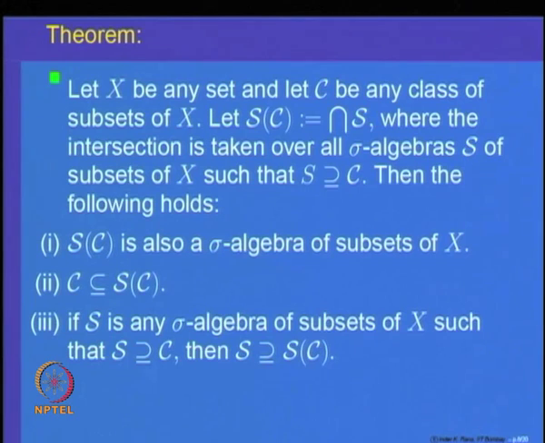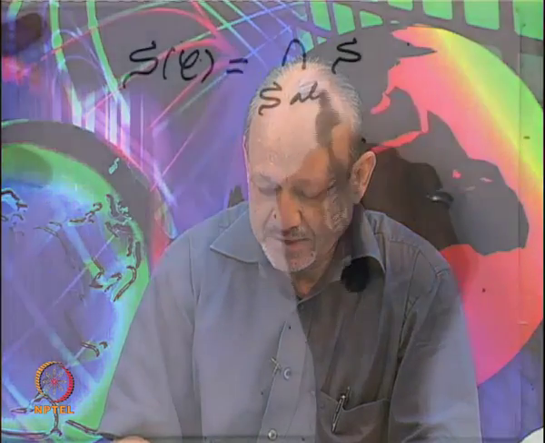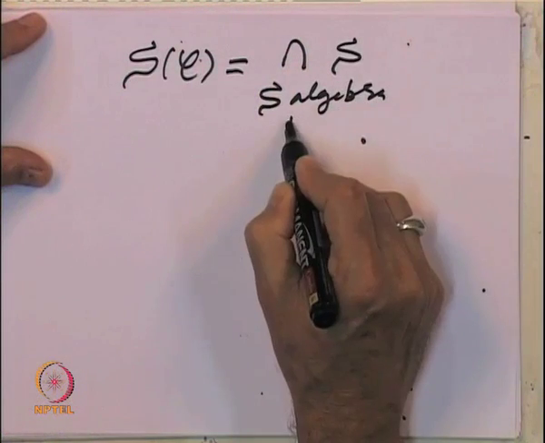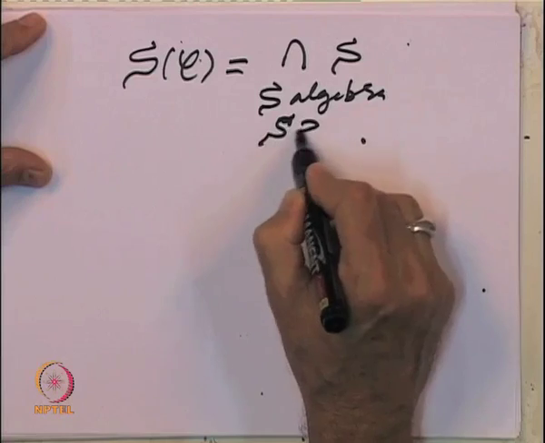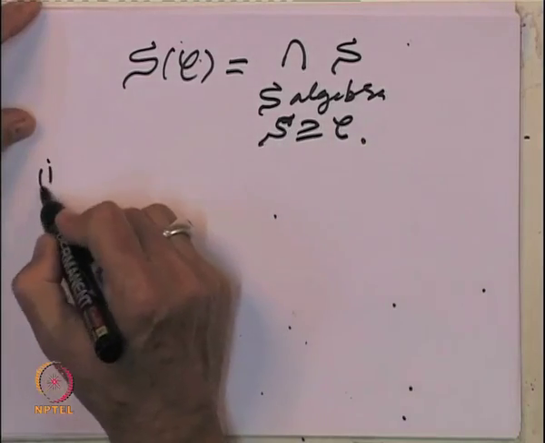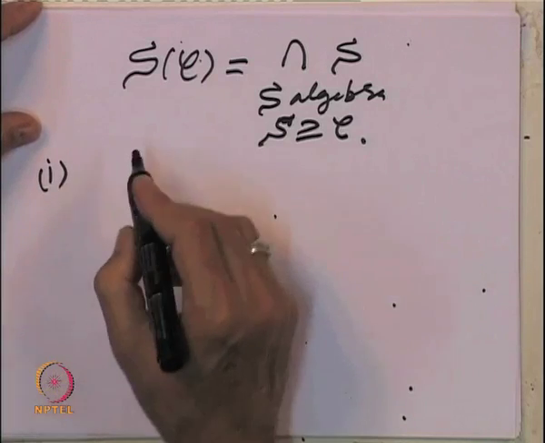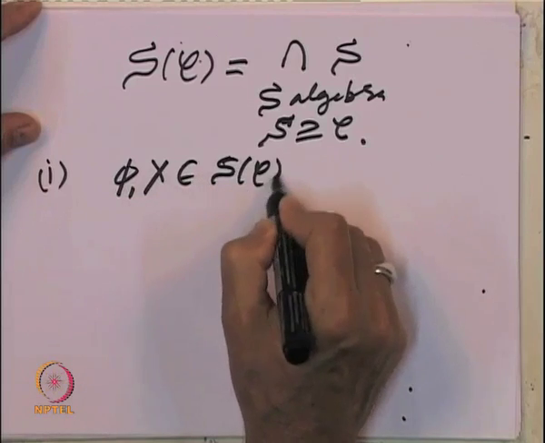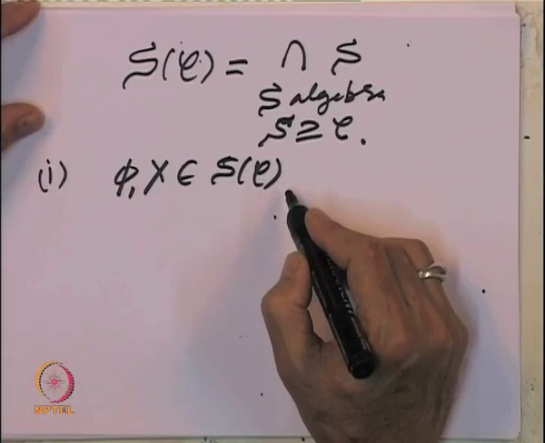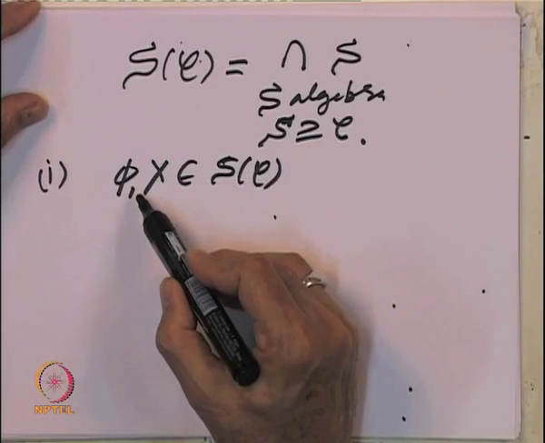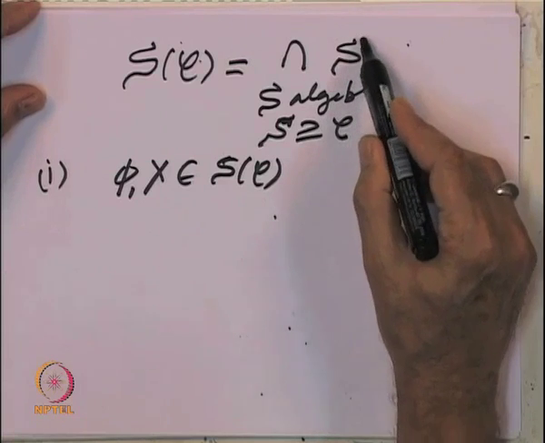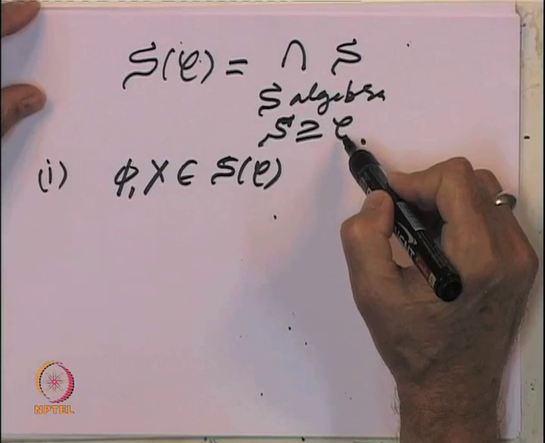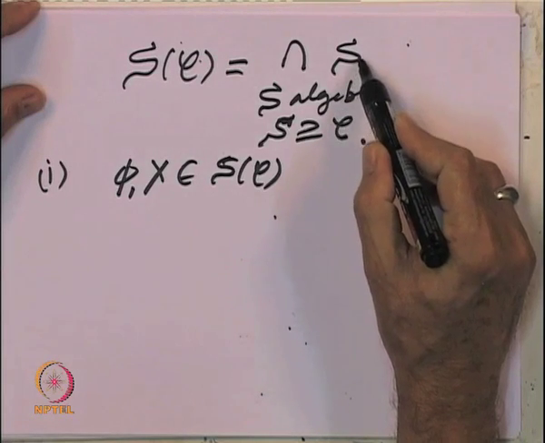So, S of C is defined as the intersection of all the sigma algebras S such that S includes C. The first property we want to check is that the empty set and the whole space belong to S of C. That is obvious from the fact that the empty set and the whole space belong to every algebra S which includes C, because S is an algebra.